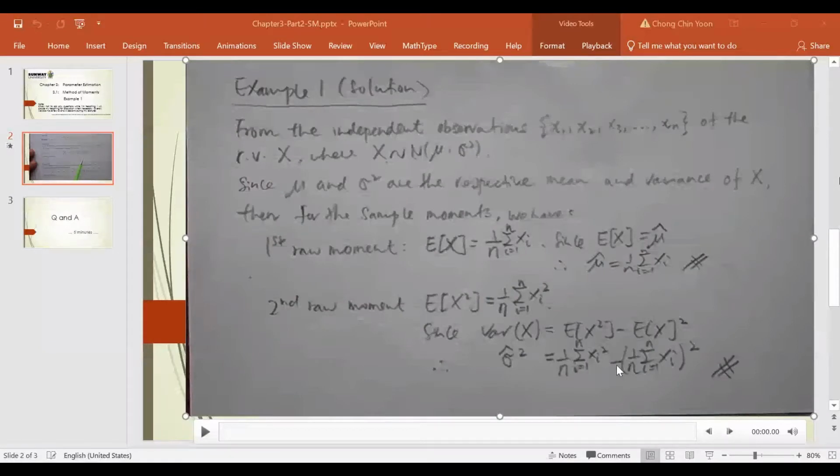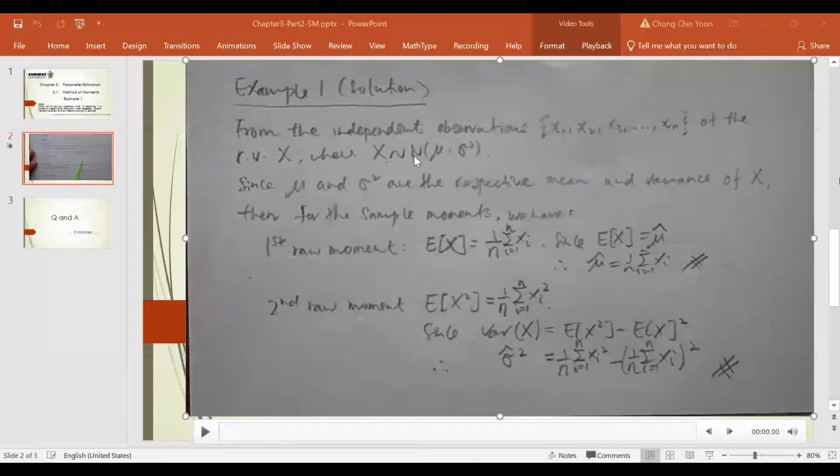From this result, we can get sigma squared. Then you take the square root, and you will get the value of sigma. So this is the way we use the first raw moment and second raw moment to calculate the parameters. This example just shows you the formulas to calculate for the normal distribution.